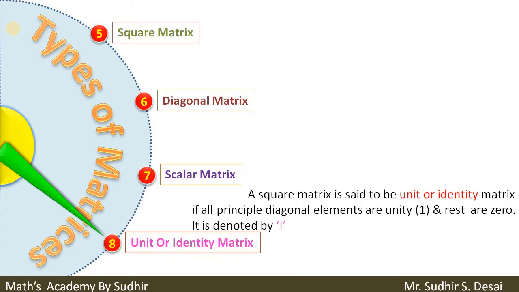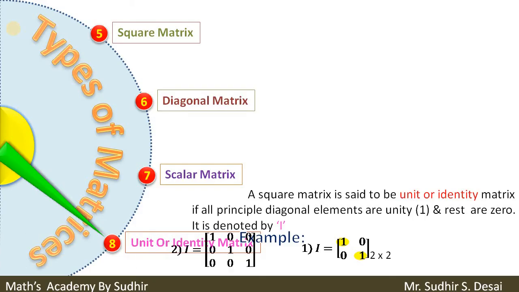It is denoted by capital I. The matrix I, which is of order 2 by 2, has number of rows equal to number of columns, so it is a square matrix. And check, the principal diagonal elements are unity, that is 1, and the rest of the elements are 0. So this is a unit or identity matrix of order 2 by 2.